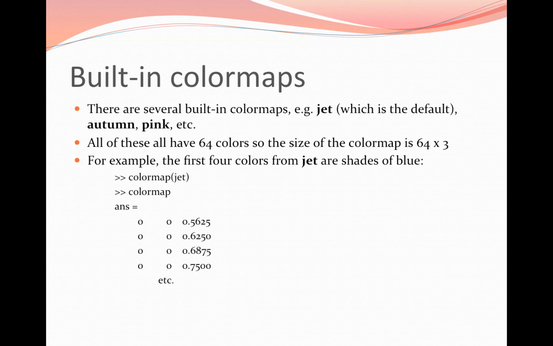Remember, it's red, green, blue components. So the zeros say we have no red, we have no green, but we have varying shades of blue. Those are the first few colors in the JET color map. Since there are 64 colors, if you looked at all 64 rows in the JET color map matrix, you would see what the different colors are.